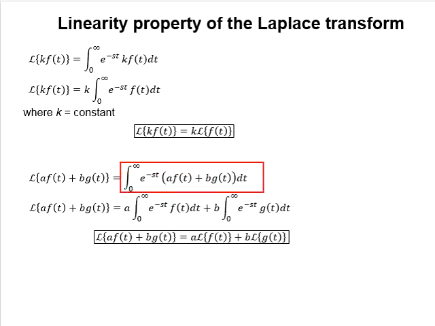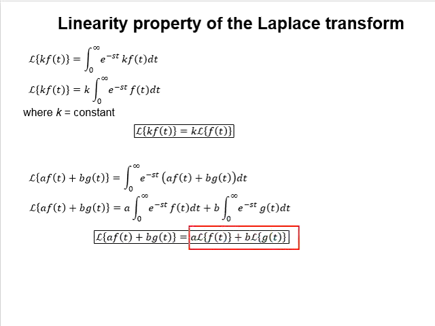These functions can further be expanded in this manner, and this leads to a conclusion that the Laplace transform of these functions can actually be expanded in this manner, where the constant can be brought out, leaving inside it the functions for the Laplace transform.